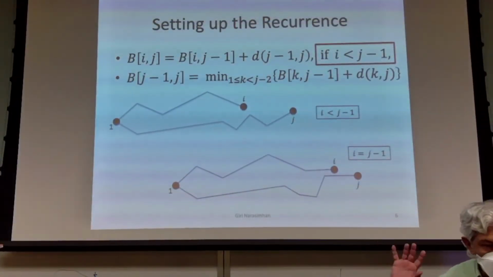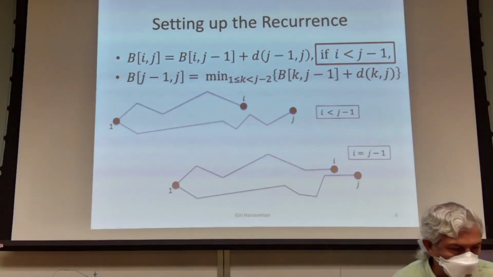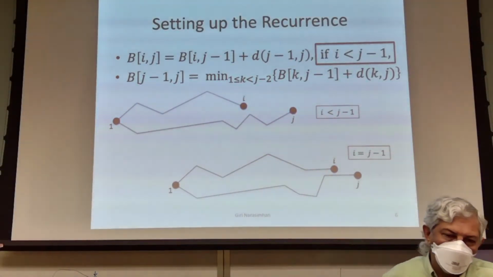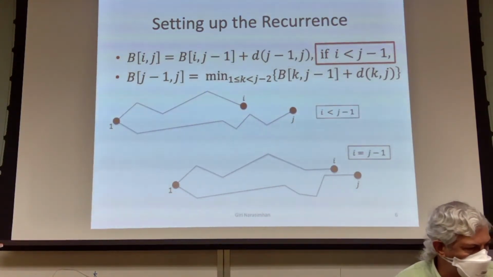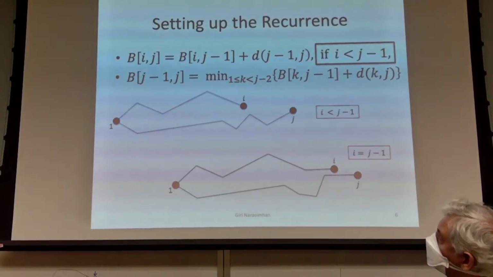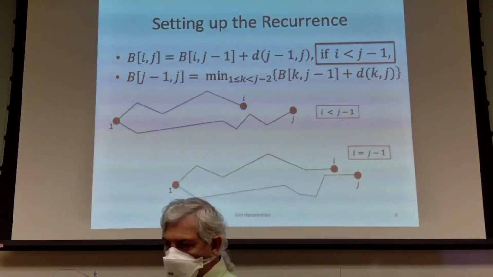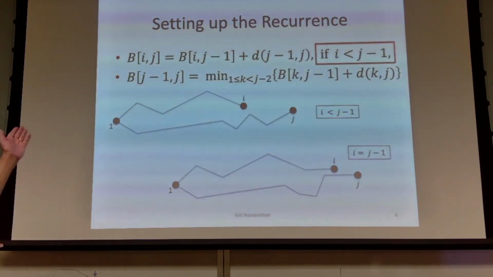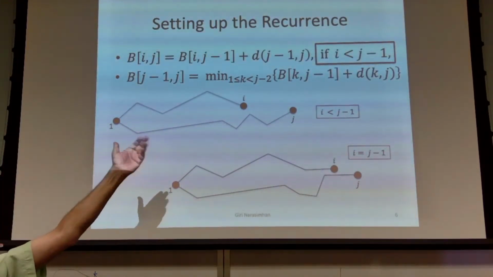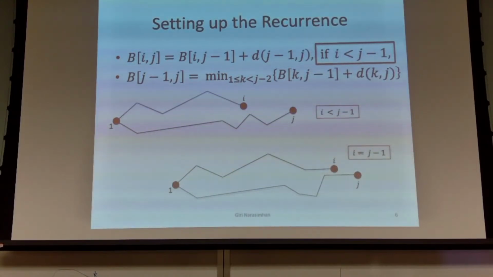So really, everything comes from this recurrence relation. But you can also start with this picture and try and write a recursive solution if you want, because you can think of a recursive procedure that computes b for some i, j, which in turn makes the appropriate recursive calls.